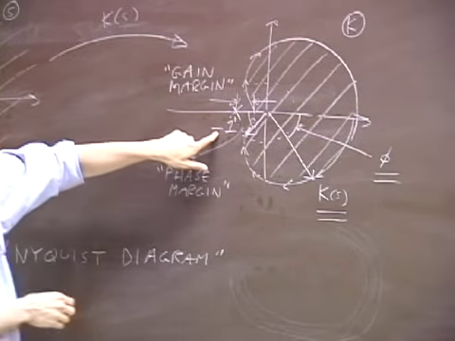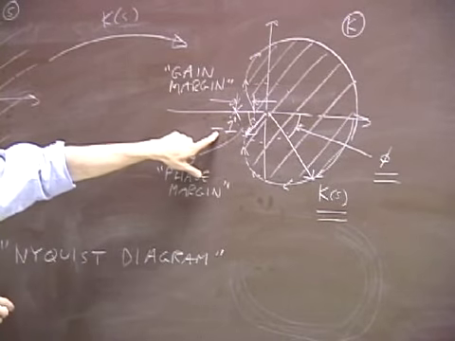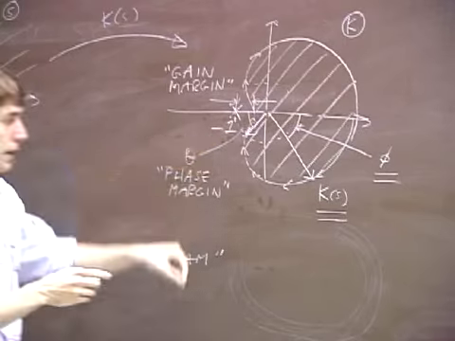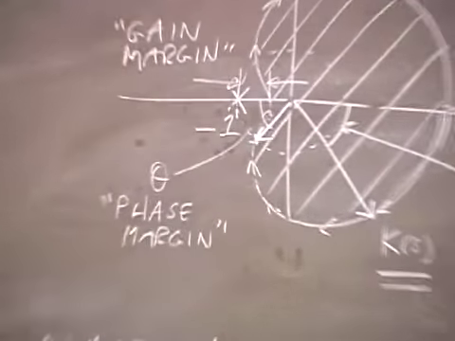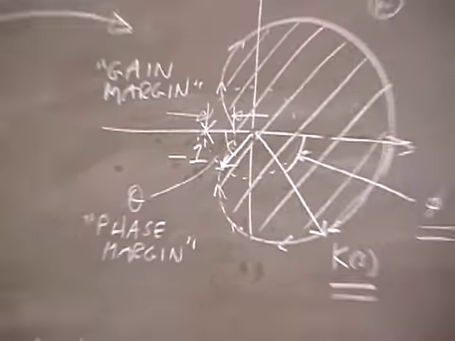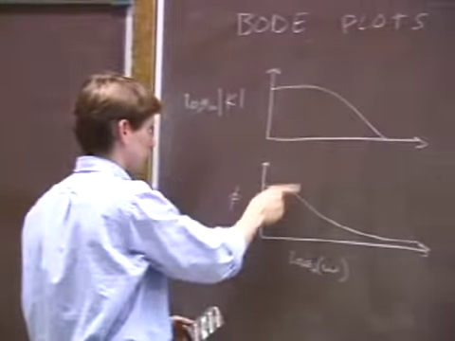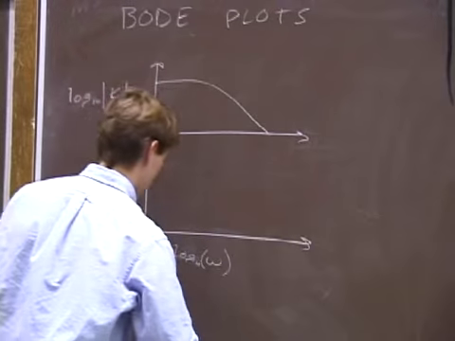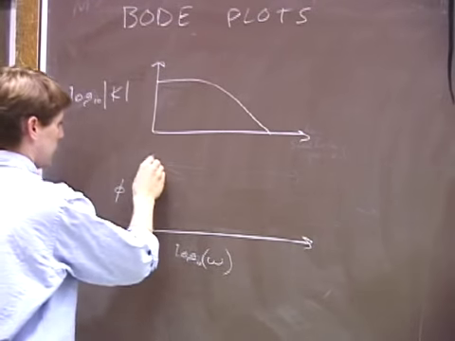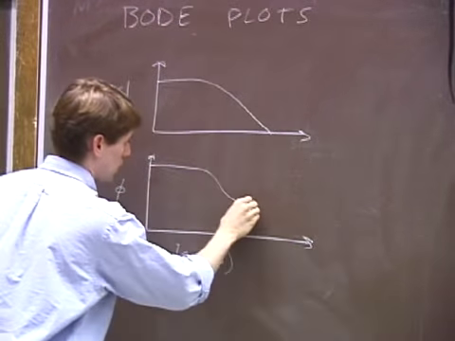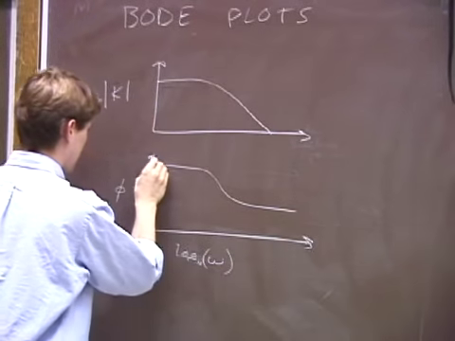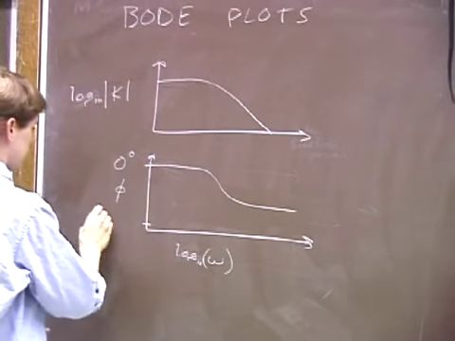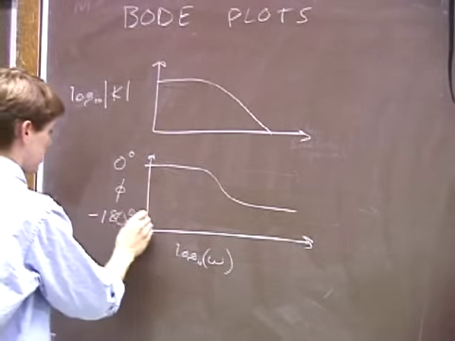The forbidden point, minus 1, has a phase of minus 180. So what we have to do is plot the forbidden point on this type of graph. I'm going to redraw this to make it easier to do so. That's 0 degrees, and this is minus 180 degrees.